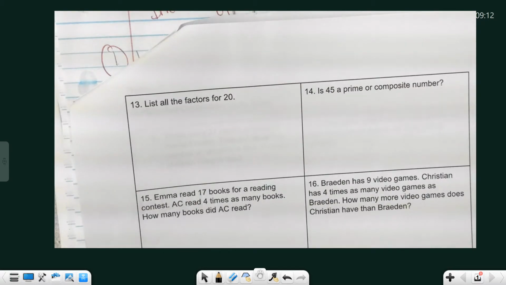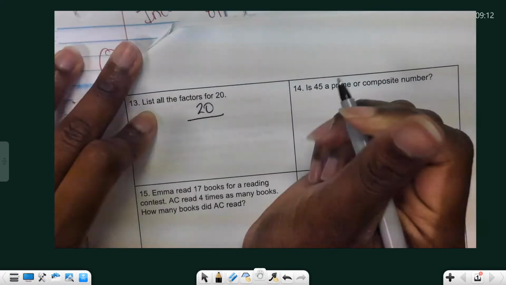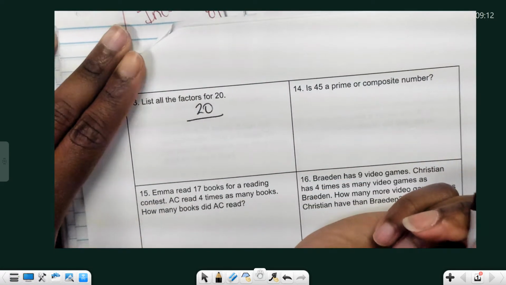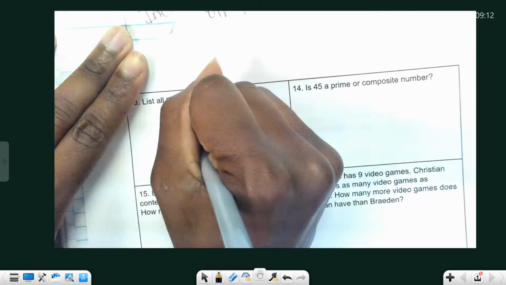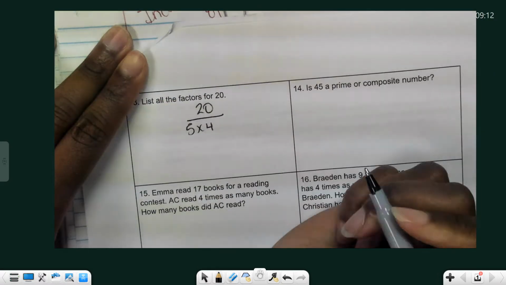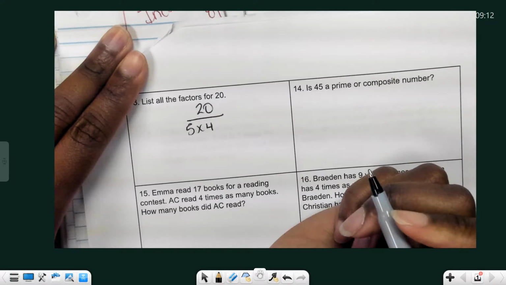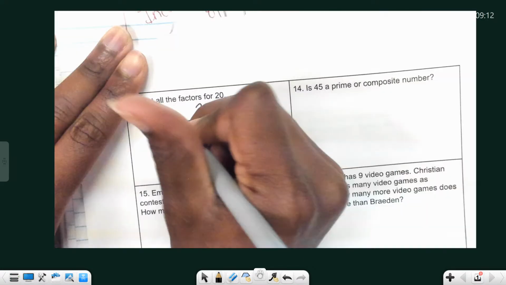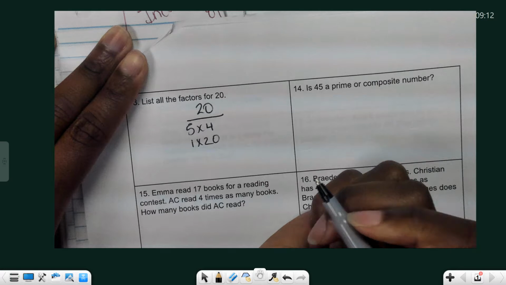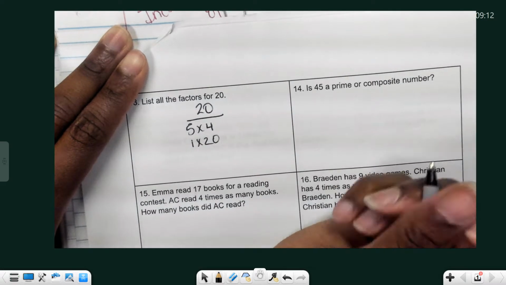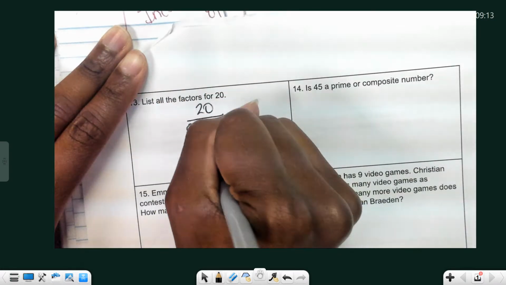This one says list all the factors for 20. You know how we do. Write your 20 at the top. Let's go. 5 times 4. 1 times 20. 2 times 10.